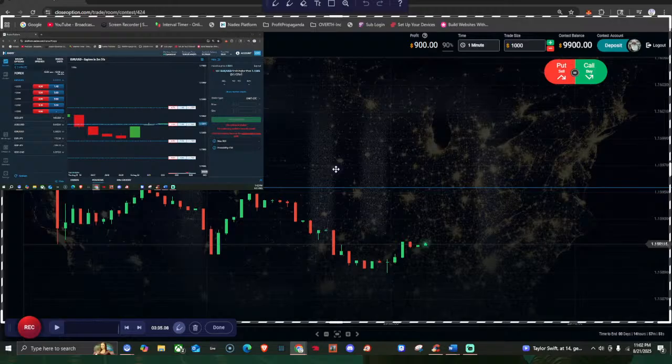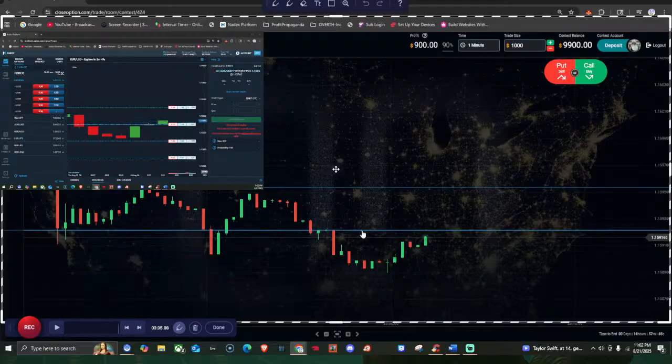This actually kind of looks a little bit like it could be a touch point. Wait until it touches this line, and we do the same thing.